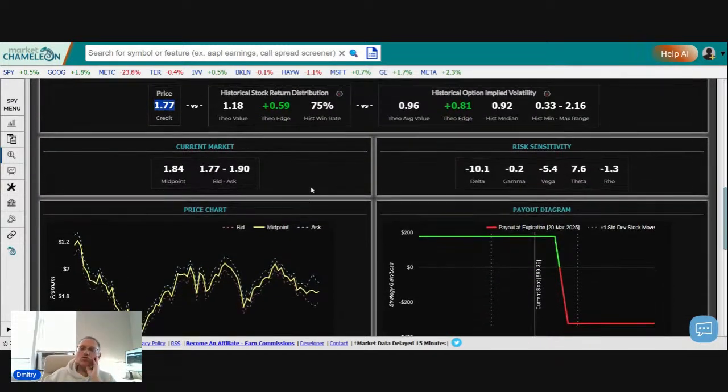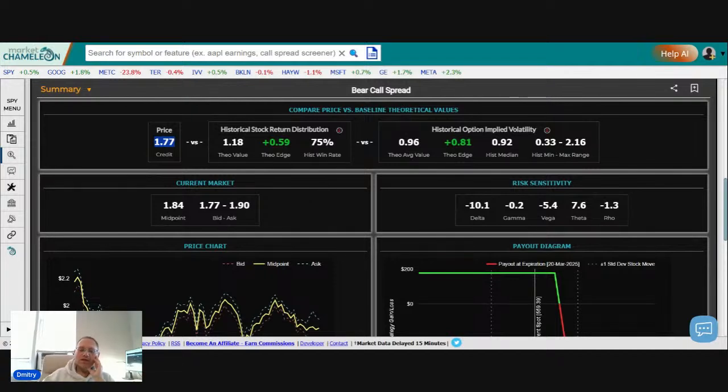Another way we could evaluate it is to say, okay, the $1.77 bid is the current bid on this spread. Based on the markets, where is the midpoint? If we're looking to get an execution as a trader, you're always trying to get the best possible price.